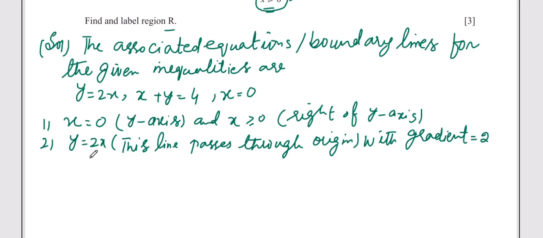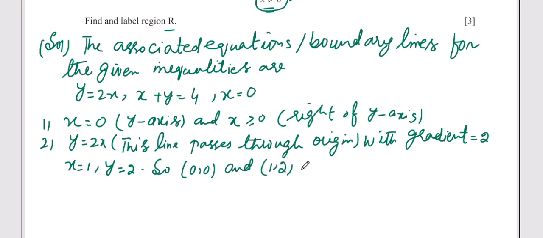To draw this line, we just find one more point. When x is 1, y is 2. So the point 0, 0, and x is equal to 1 and y is equal to 2 lie on this line.